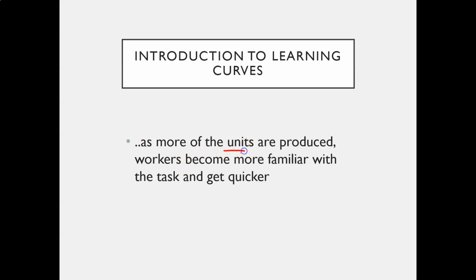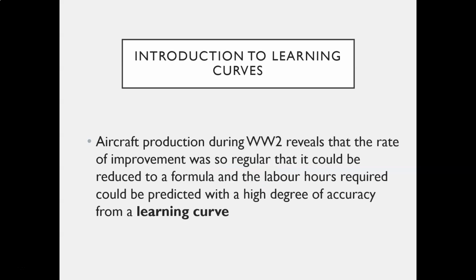So as more units are produced, workers become familiar with the task and get quicker. This was due to an observation made with aircraft production during World War II, that the rate of improvement was so regular that it could be reduced to a kind of formula. So we could almost predict the learning curve rate, because with good observation you can keep records, observing the time it takes people to make things from when they join the production line, over a period of, say, 6 months.